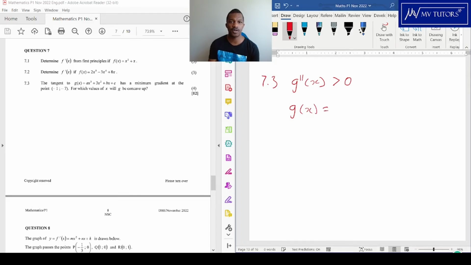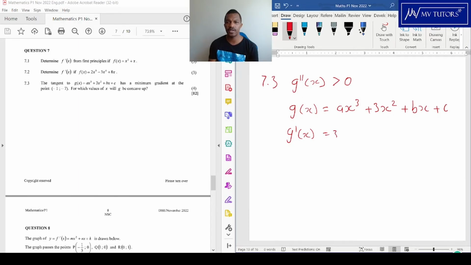So let's start with the original function, which is ax cubed plus 3x squared plus bx plus c. Now, let's go for it. First derivative. It's going to bring the 3 down.